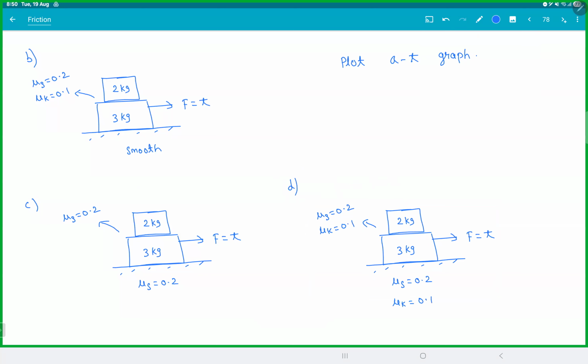They should make things clear. All surfaces are rough and all surfaces has mu s, mu k. Let's do the B part. Let's go one step at a time. Then you'll understand how things will change for each term that you're adding up. Generally, with 2 blocks, these are all the possible cases. Now you can keep the force on the upper block also, but the game is still the same.